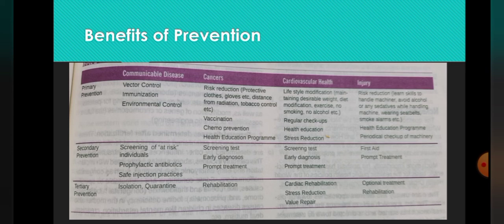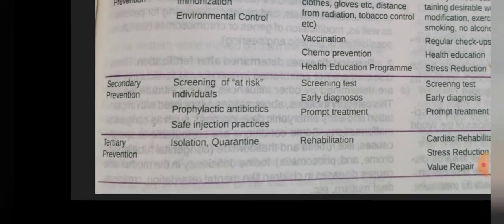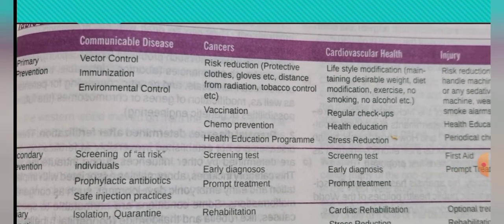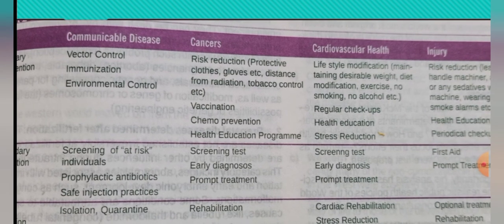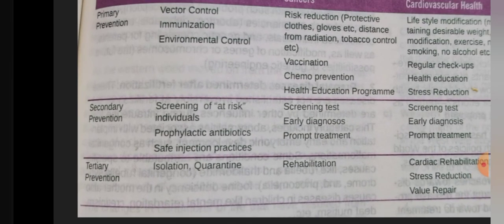Benefits of prevention. As we talked about primary, secondary, and tertiary prevention, primary can prevent so many risks, maintain cardiovascular health, and also reduce the risk of other injuries. In communicable disease, immunization can save the environment. In secondary, for those at risk, screening can help out.